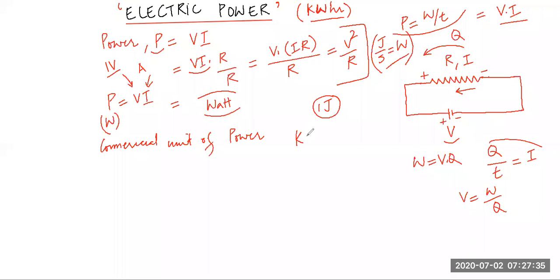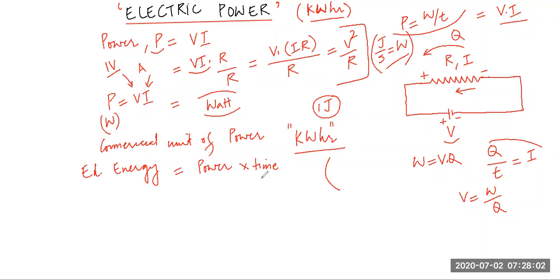How does it come? Kilowatt hour. Let's see how we reached here. Now, see that, students, electrical energy is basically power times time.